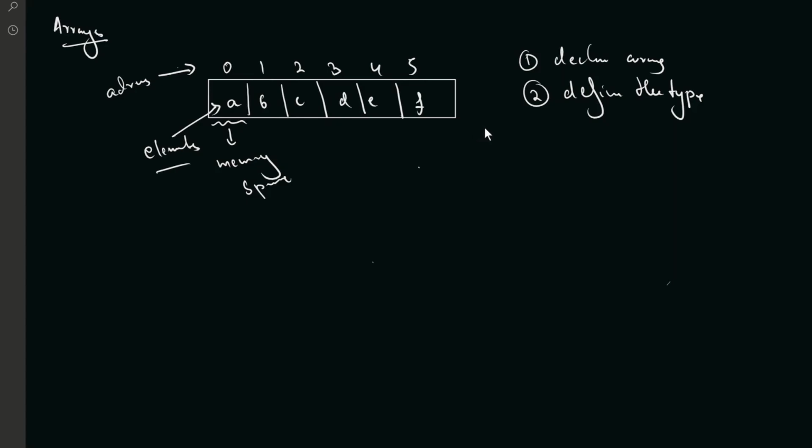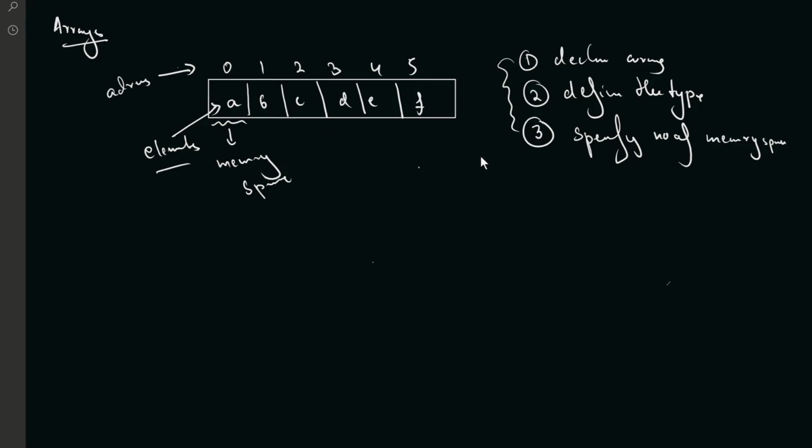It's up to you. So yeah, define the type. Third, specify the number of memory spaces. It means you have to previously define how many memory spaces you want in your array. Alright. So yeah, these three things you need to do in order to form an array.